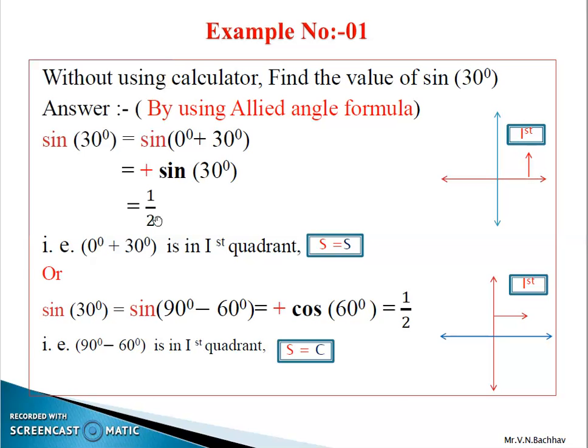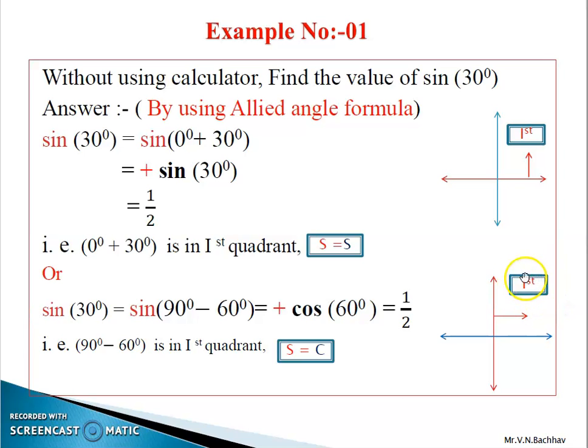Also try to simplify by using the trick of y-axis. Sine 30 can be written as sine of 90 minus 60 degree. That means 90 minus theta, which is present in first quadrant.